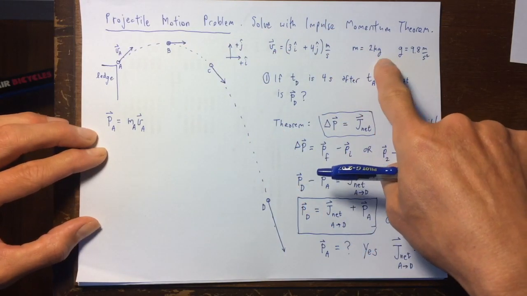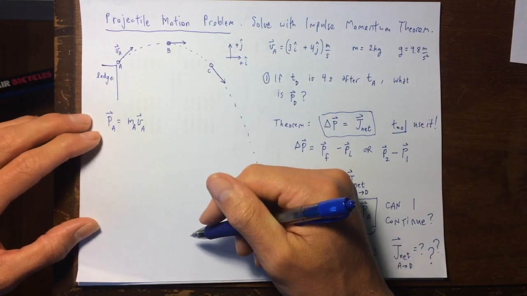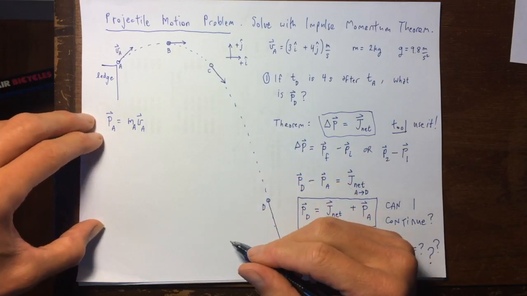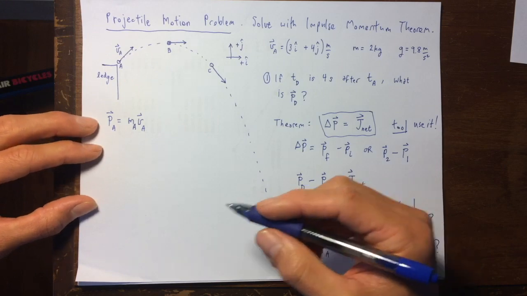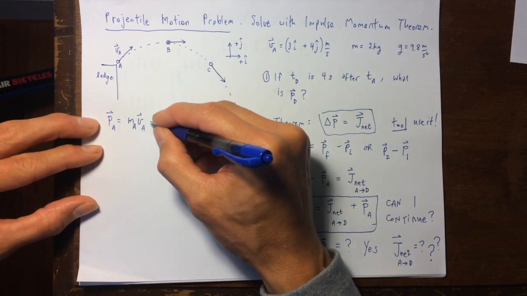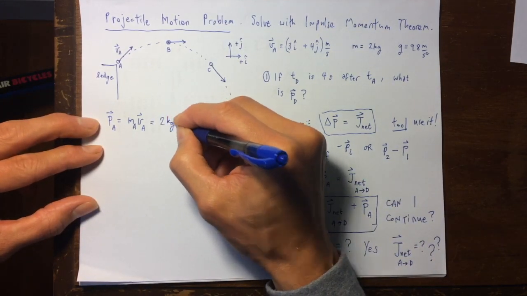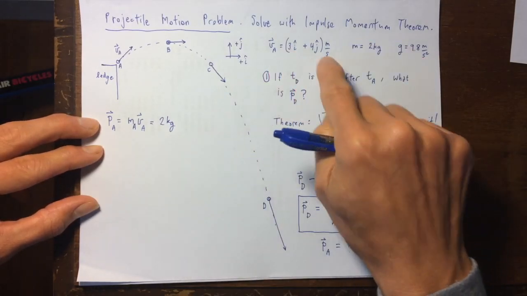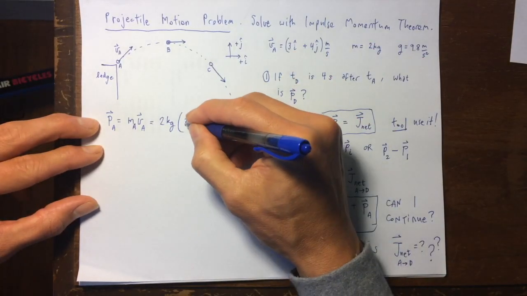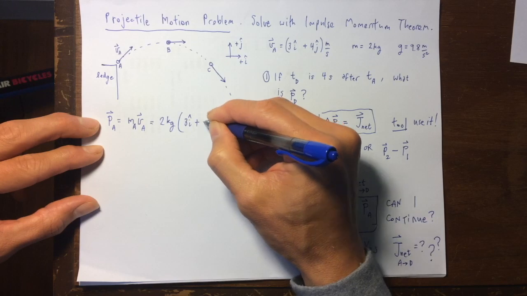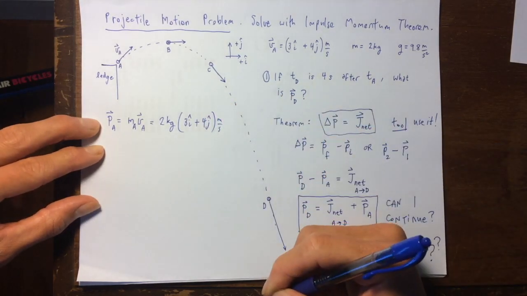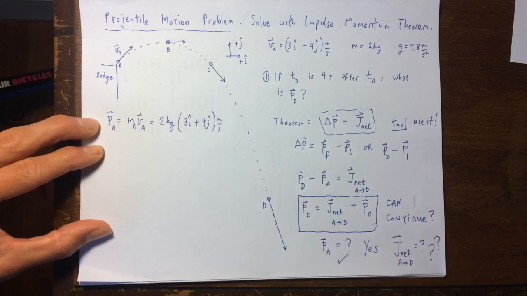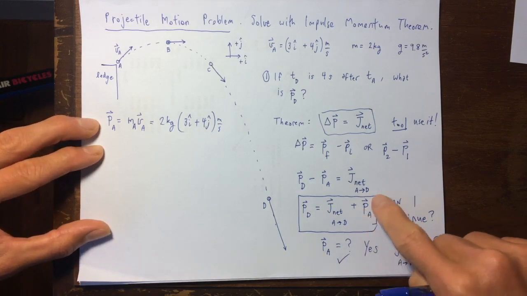It's just this constant value of 2 kilograms. I know that's kind of dumb, but in your future of rocket ships, the mass can change, so that's an issue. But it's not an issue for us. So this is 2 kilograms times this velocity, so it's times 3 i hat plus 4 j hat meters per second. So heck yeah, done with that part. So I know how to calculate this.